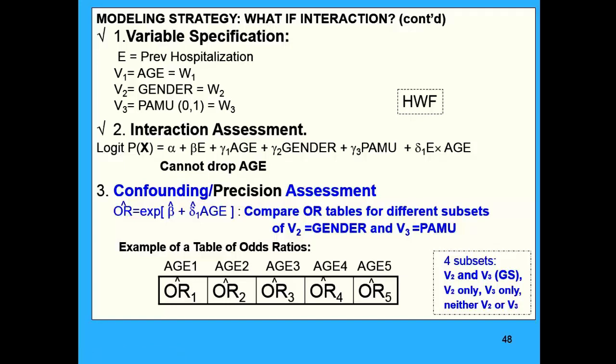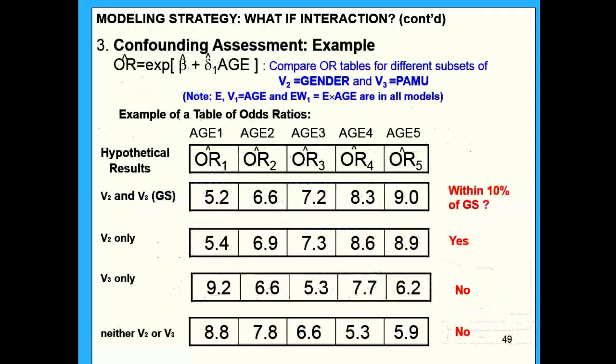The odds ratio varies with the different age values. Now, if we decide to consider confounding and we drop one or more of the variables, gender or PAMU or both of them, then we're still going to get a table of odds ratios. But now if we ask the question, does the odds ratio change, we're not asking whether a single number changes. We're asking whether a table of odds ratios changes. That's what I've been saying. Okay, so I gave you an example on this slide to illustrate that.